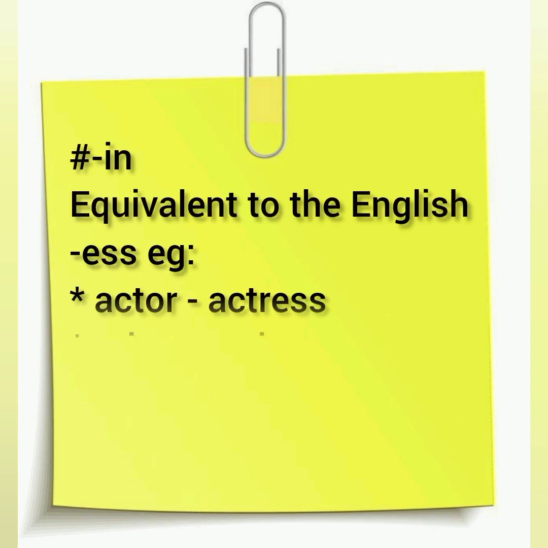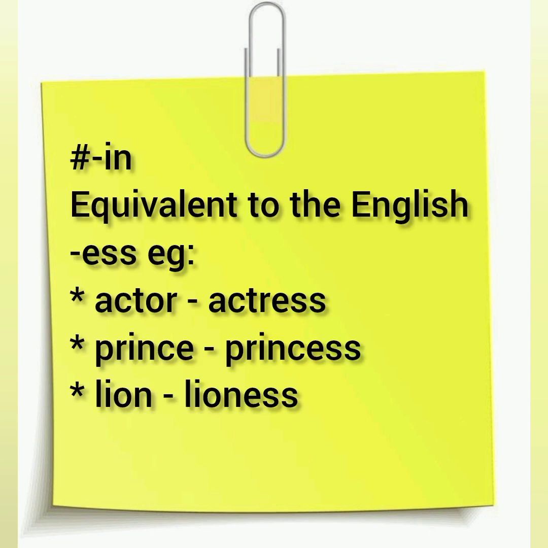And then the next point is the ending in. Now, this ending in is normally equivalent to the English ending ess. In English, we normally have the ending ess added to the masculine ones, right?